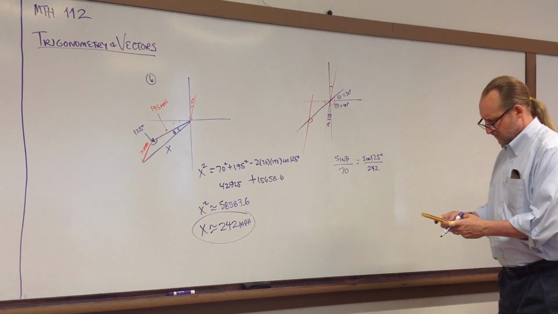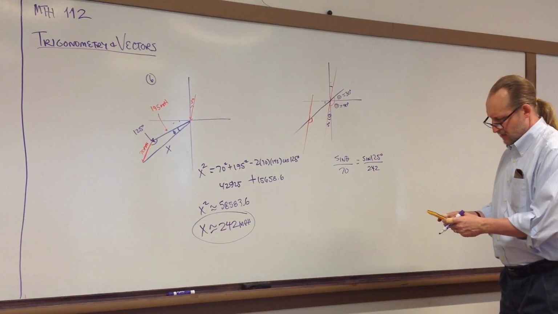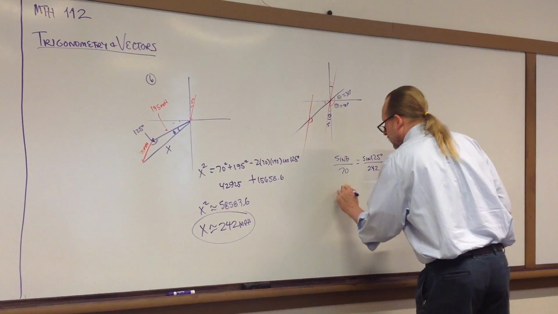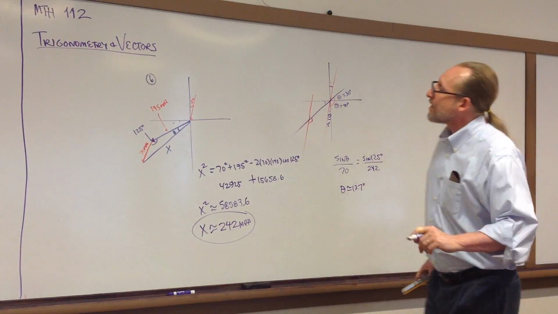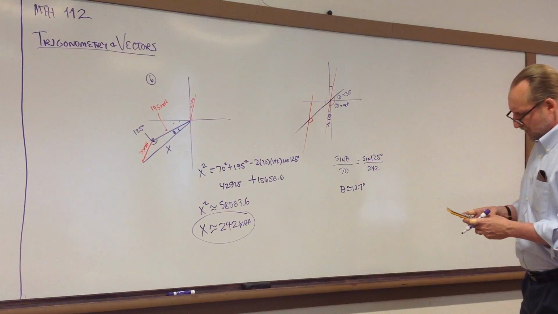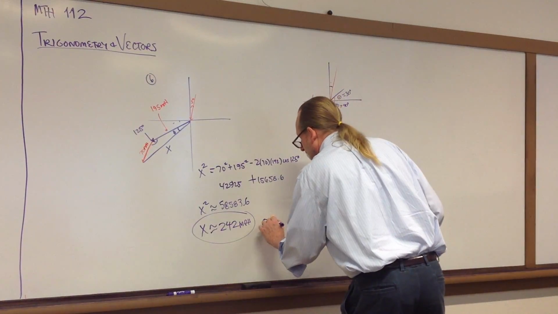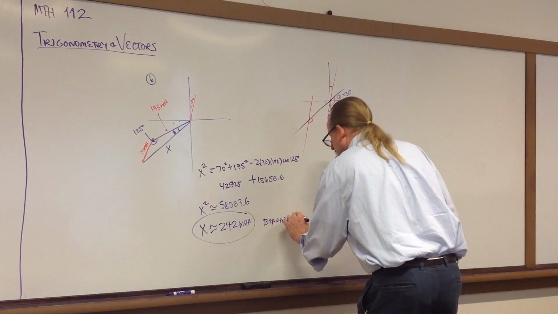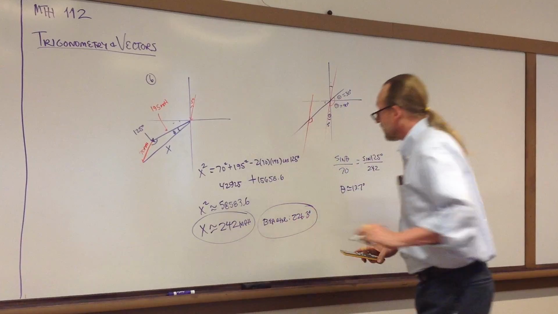So sine of 125 divided by 242 times 70, and then we take the inverse sine, about 13.7 degrees. The original bearing was 240, and we want to subtract 13.7 from that. So the actual flight path for the helicopter will be along a bearing of 226.3 degrees.